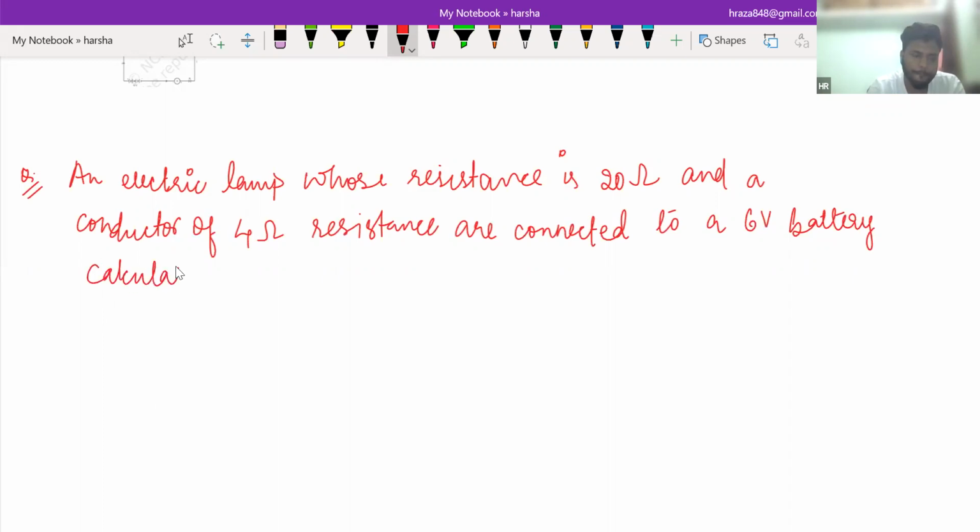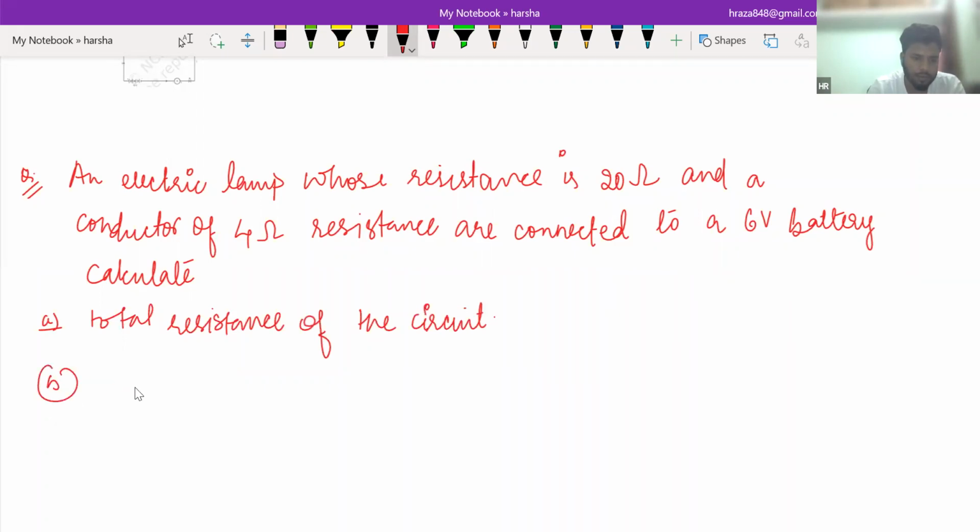Calculate: A, the total resistance of the circuit, that means the equivalent resistance of the circuit. B, current through the circuit.